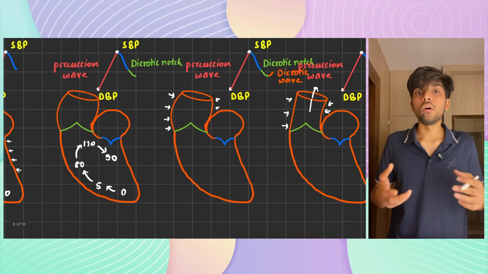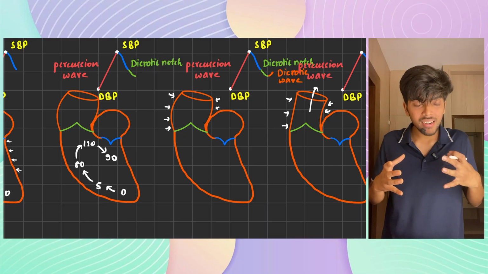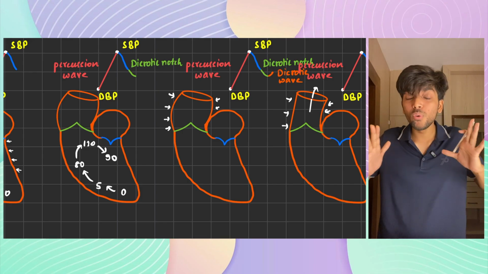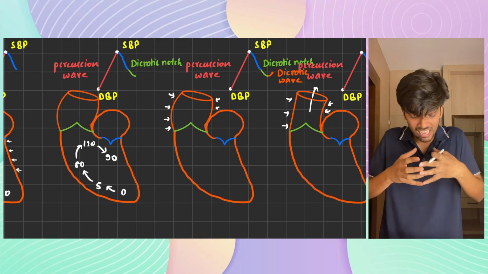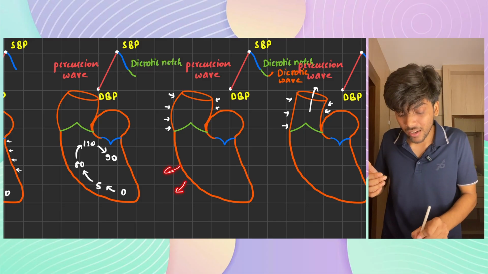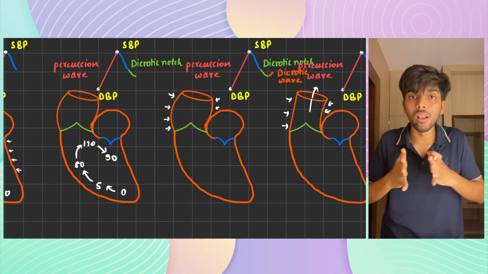Aorta is highly compliant. It is elastic. As blood and pressure get accumulated inside the aorta throughout the phase of ventricular systole, it has expanded. But now as ventricular diastole has started, the aorta is going to recoil back.